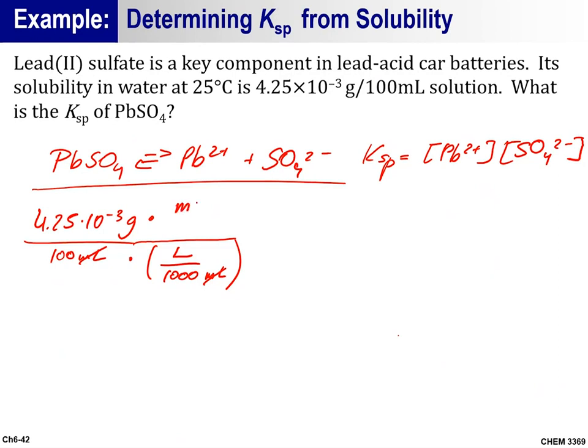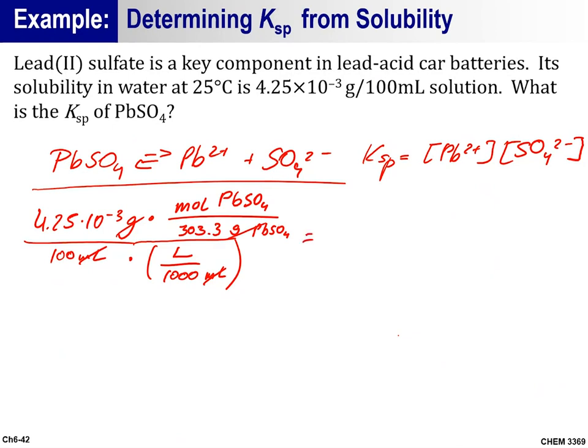So this will be moles PbSO4, because this is solubility, and the molecular weight is 300.3 grams PbSO4. And 4.25 times 10 to the negative 3, that's grams PbSO4.